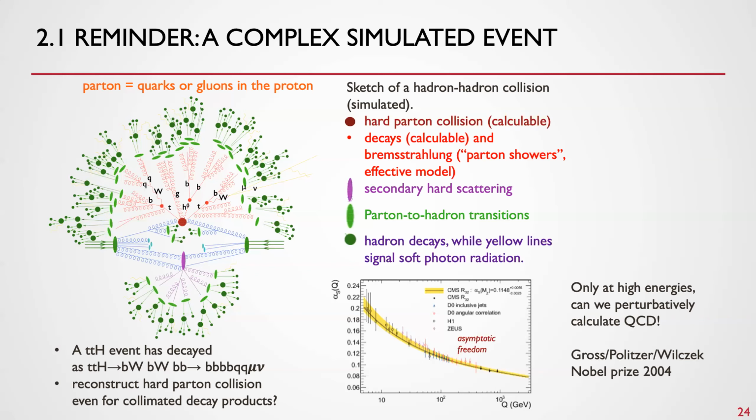That was the topic of the first lecture. So we've described how the proton is formed in the parton model of quarks and gluons. Now these collide in, we imagine, a highly energetic collision with a very large momentum transfer.